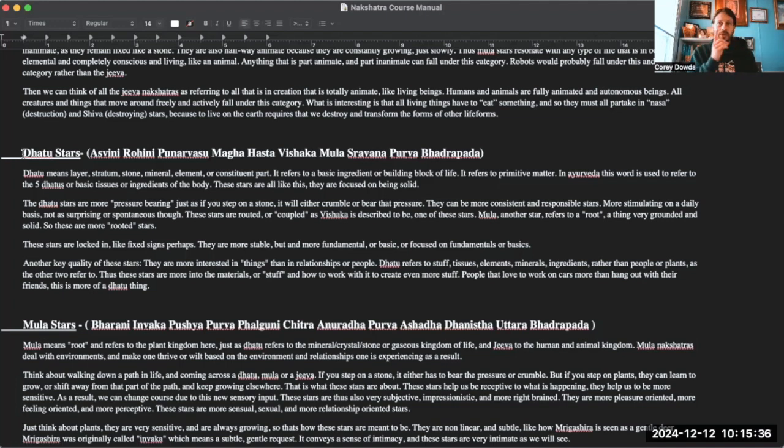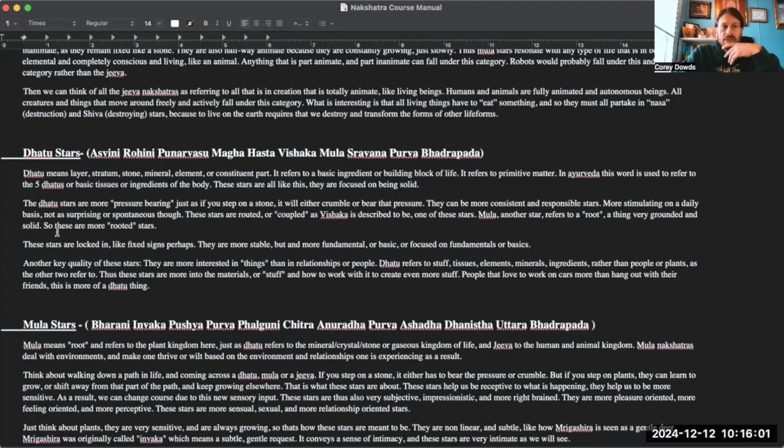They go in an order: Dhatu, Mula, Jiva, Dhatu, Mula, Jiva. So you can always figure out what any of the others are if you know what one of them is. Dhatu means a layer, a stratum, a stone, a mineral, a constituent part. It refers to a basic ingredient or building block of life. In Ayurveda, the word dhatu is used to refer to the tissues. Remember this, the different tissues in the body.